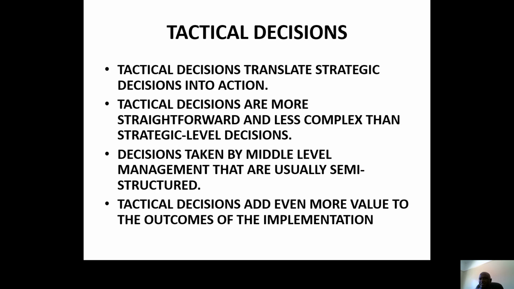They get their decisions from the strategy level, and then they translate those so that they implement them, or they give them back to the lower divisions to implement. Tactical decisions are more straightforward and less complex than the strategic, which is well above. Tactical decisions and even more valued the outcome of the implementation.